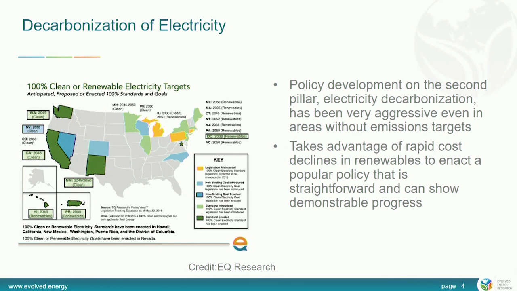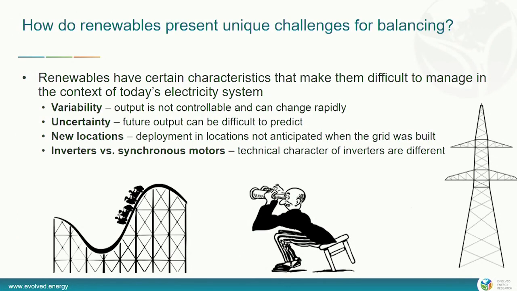And so you can see in California, a lot of jurisdictions in the Northeast, some of those are 100% renewable, some of them are just 100% clean. But these are very politically popular policies, even in the absence of a broader climate portfolio. So they take advantage of rapid cost declines in renewables. They're straightforward, and they can show demonstrable progress. They're at least politically straightforward. They are technically challenging, and I'm going to show sort of why here.